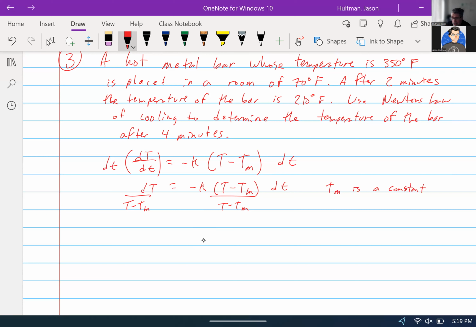It behaves like a constant, because the environmental temperature doesn't change. And so we get 1 over T minus Tm dT is equal to negative k dt. So that's what I'm going to be working with.